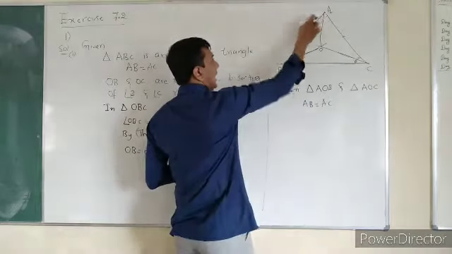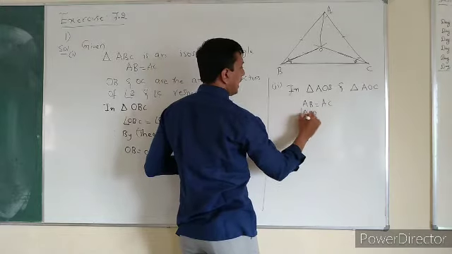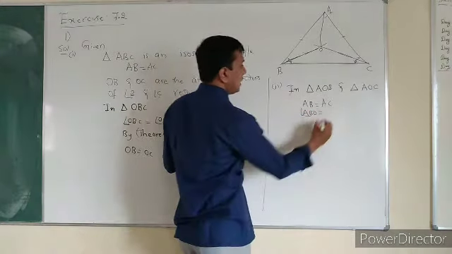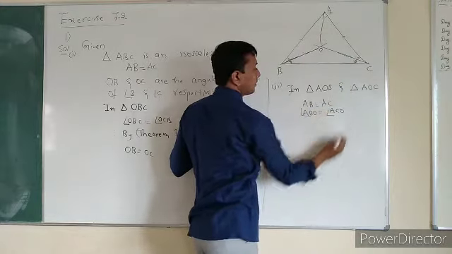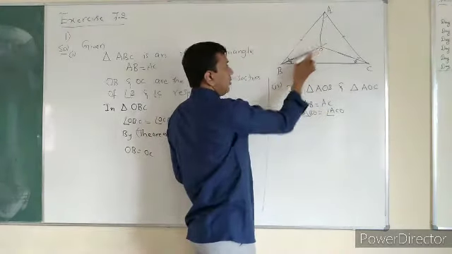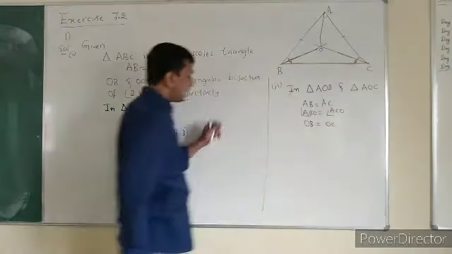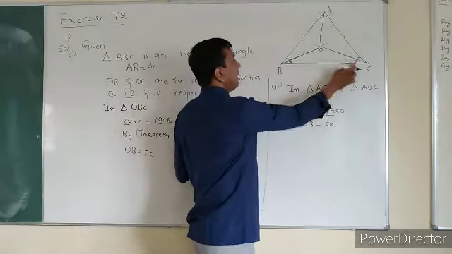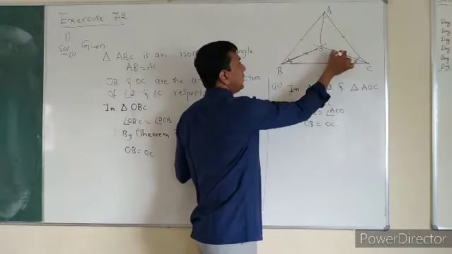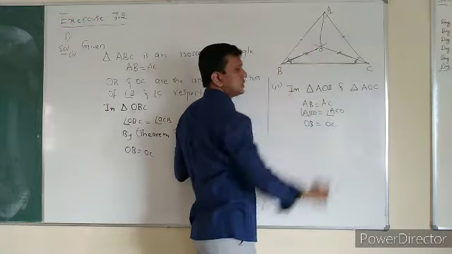Next, angle ABO is equal to angle ACO. Now I have one more side, OB is equal to OC. Already we have proved that one. Because these two angles are equal, the opposite sides are also equal.